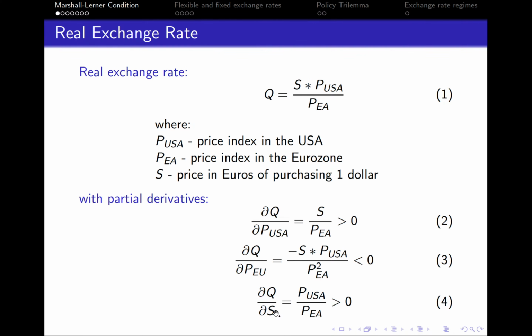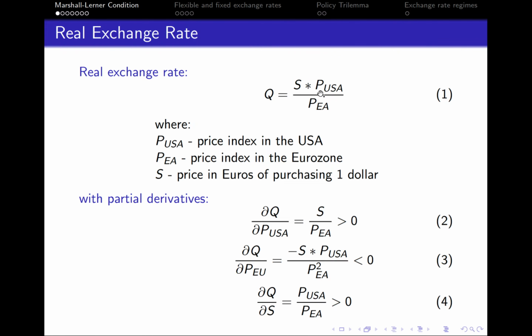Finally, we've got the partial derivative with respect to nominal exchange rate. So we see here that if price in euros of purchasing $1 is getting higher, which of course means depreciation of euro or appreciation of dollar, we have that people from euro area now need to pay more for goods in United States, and residents of United States now need to pay less for goods from euro area.